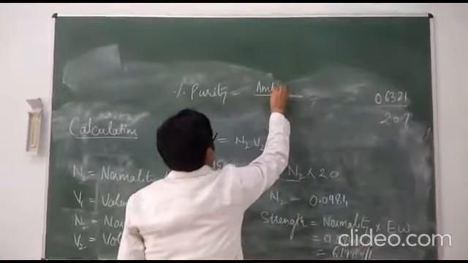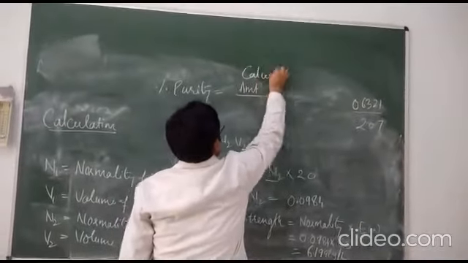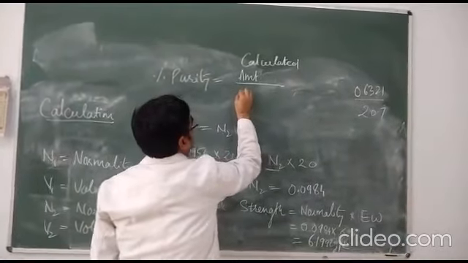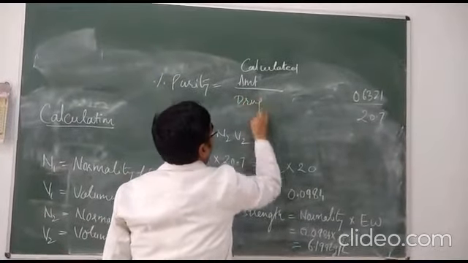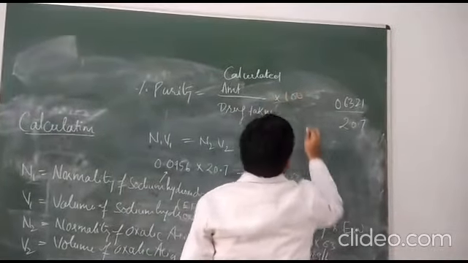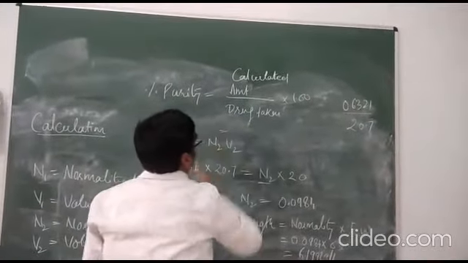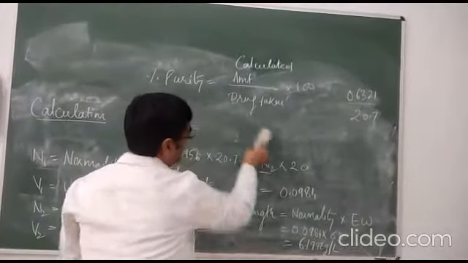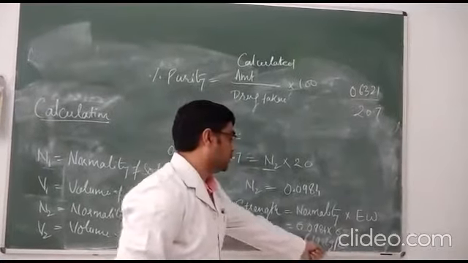That is the calculated amount divided by the amount of drug we have taken, multiplied by 100, will give the percentage purity. Now you can see here the calculated amount is nothing but this 6.1992 gram per liter.